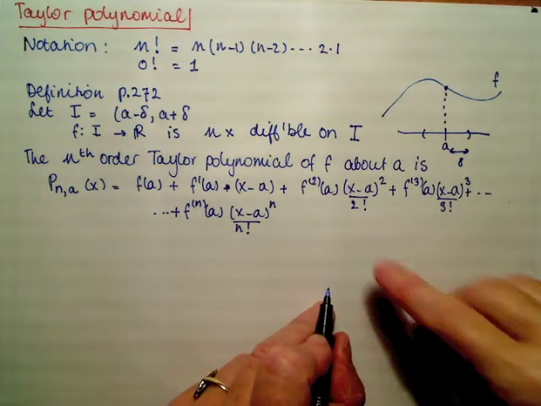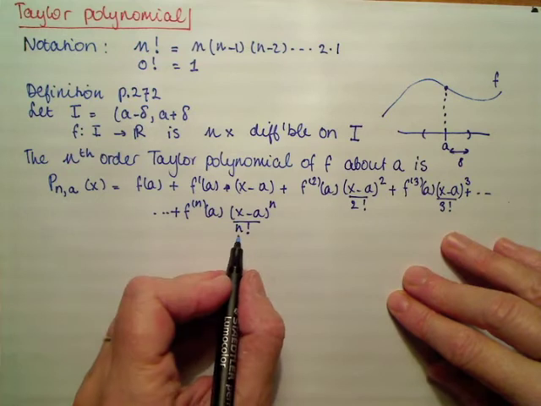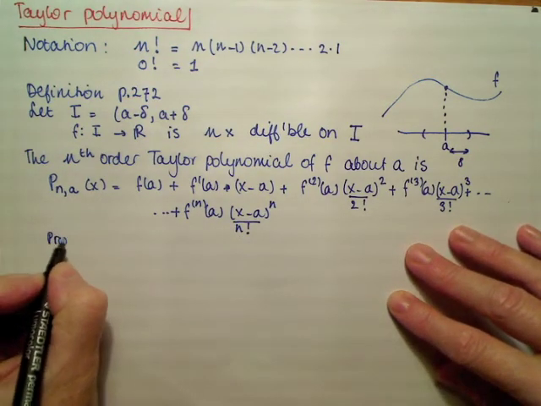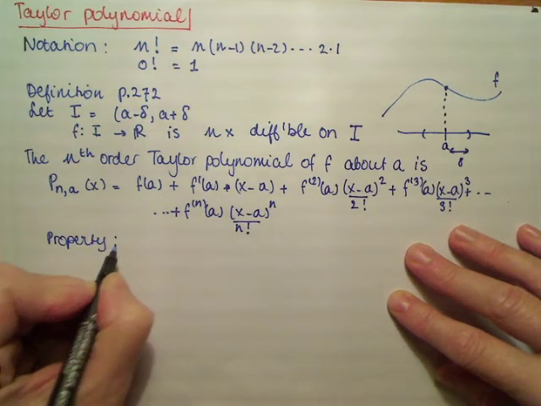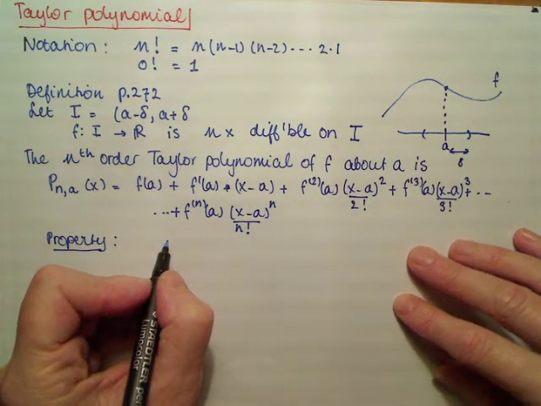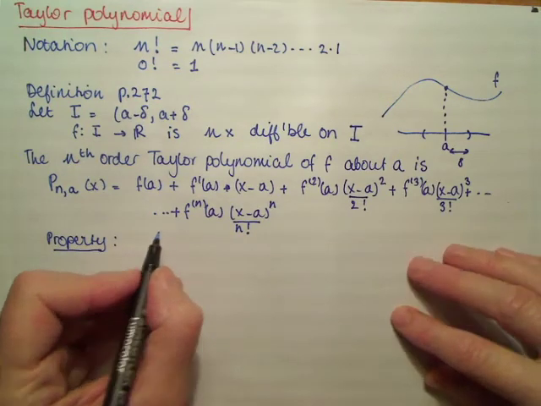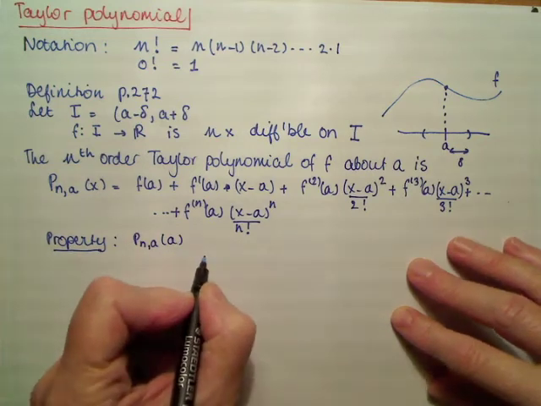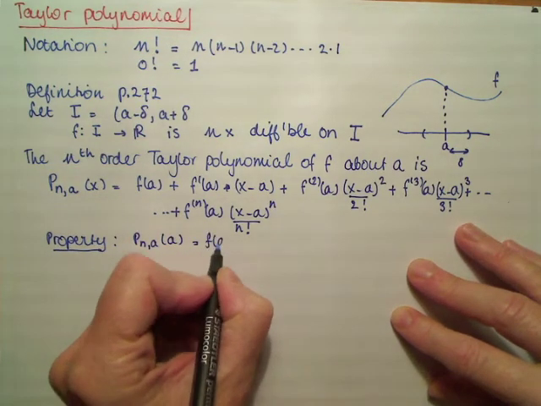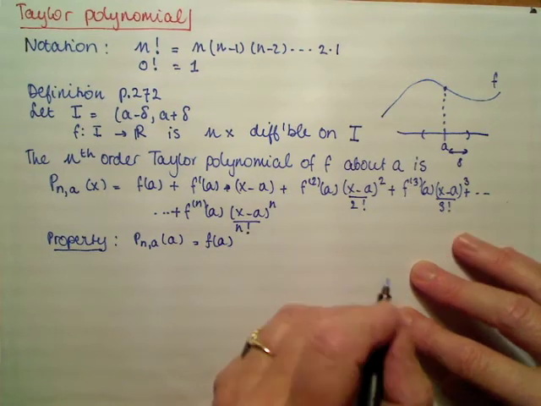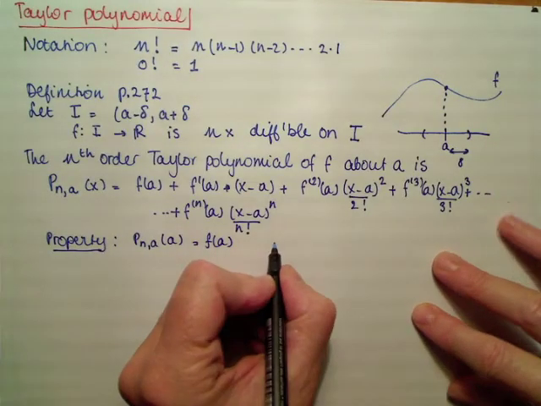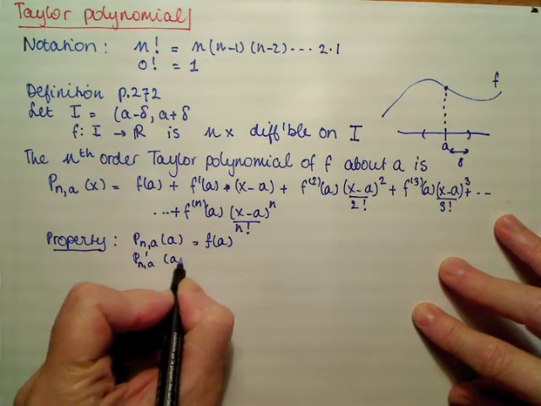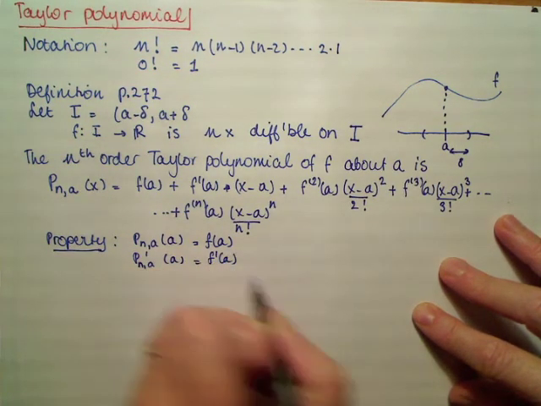And these numbers, these 2 factorial and 3 factorial and n factorial and so on, are chosen in such a way that the following property holds: to guarantee a certain closeness to our original function, if we evaluate our polynomial at the point a, we get the same as the function evaluated at the point a. If we look at the first derivative at the point a of this polynomial and the first derivative of the function, then they are equal.